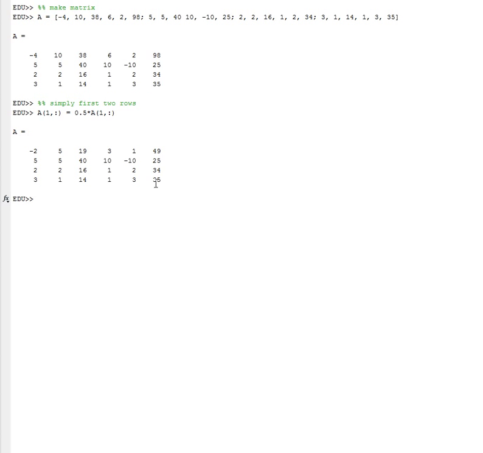So in Matlab, this is the command that you can use to multiply all entries in a matrix row by a number. Well, this doesn't necessarily have to be a matrix, it's just an array which you can manipulate as if it was a matrix.